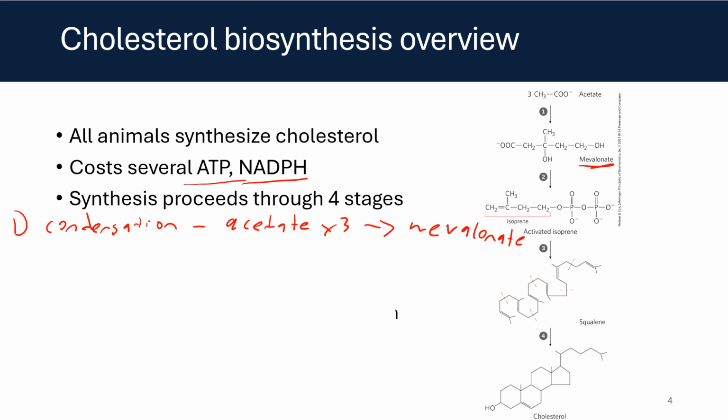You can see that over here, mevalonate. The second step is called activation. Here we are going to activate mevalonate by converting it into something called activated isoprenes.